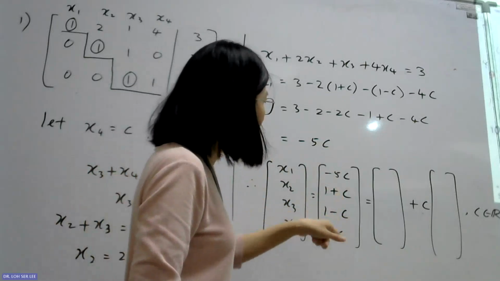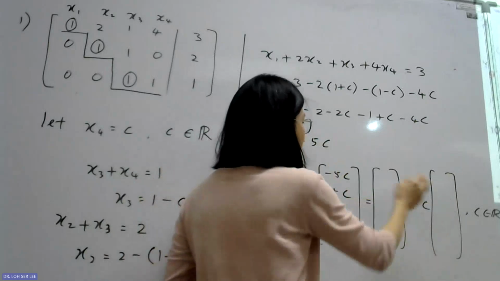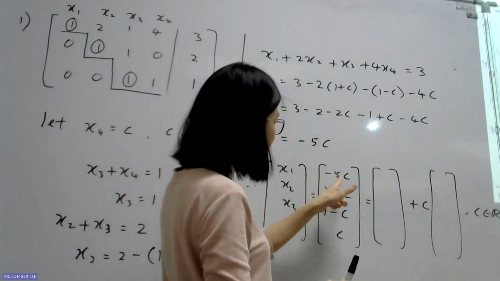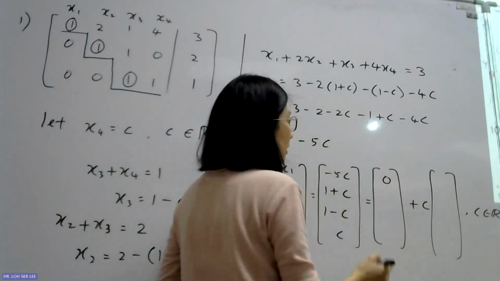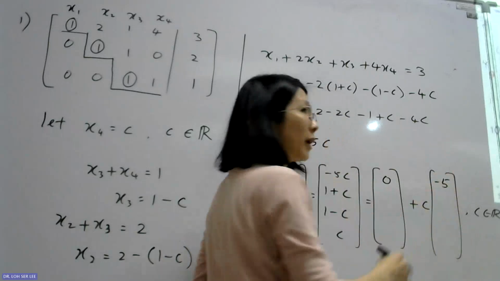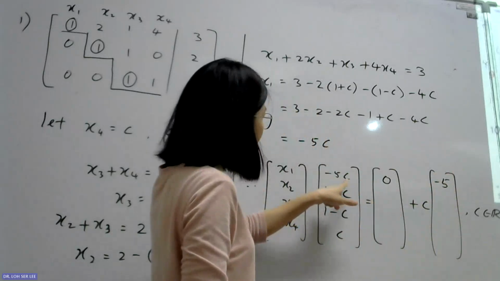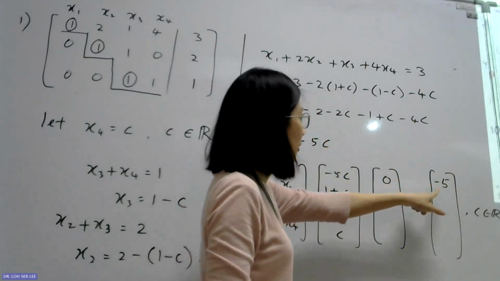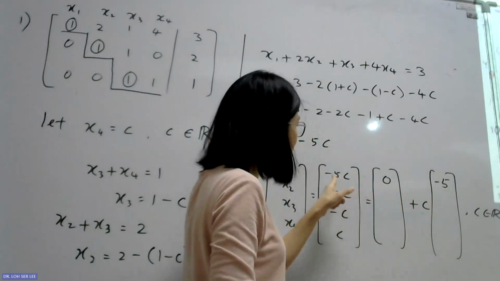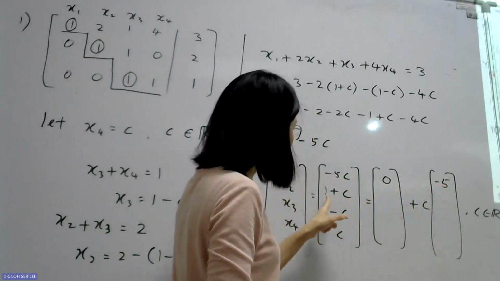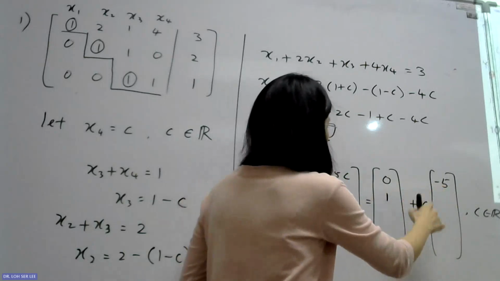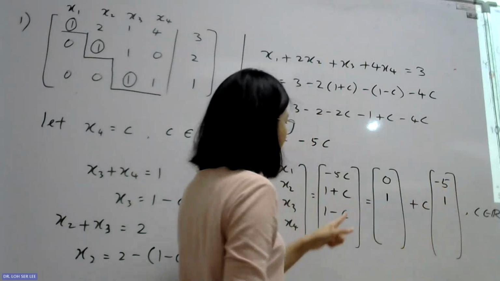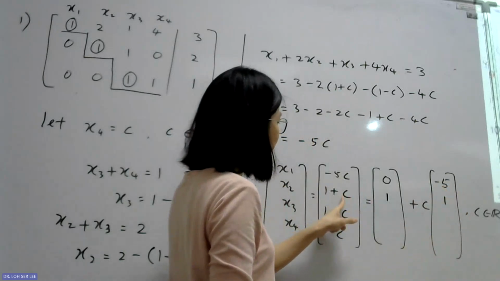Okay, so now this one, we want to separate this into 2. So -5c gives 0, -5, because this contains C, right? The coefficient of C is -5. This one, 1 plus C, so 1 plus, the coefficient of C is 1.